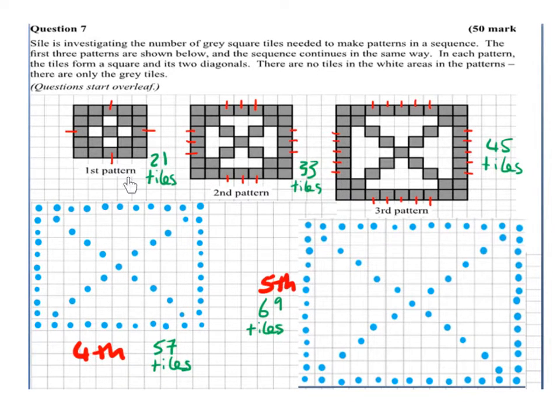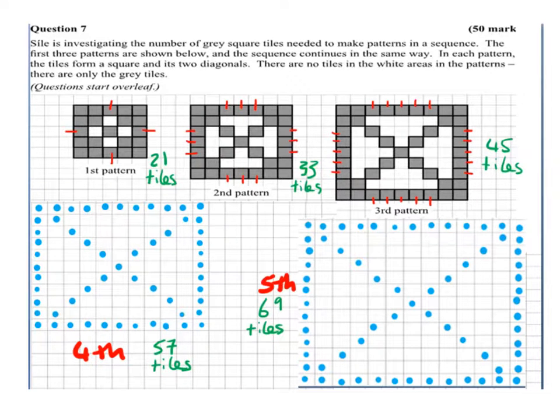And when you add them all together, we've got 57 tiles. And then for the fifth, we have 1, 2, 3, 4, 5, 6, 7, 8, 9, 10, 11, 12, 13 across, 13 down, and then the diagonals.